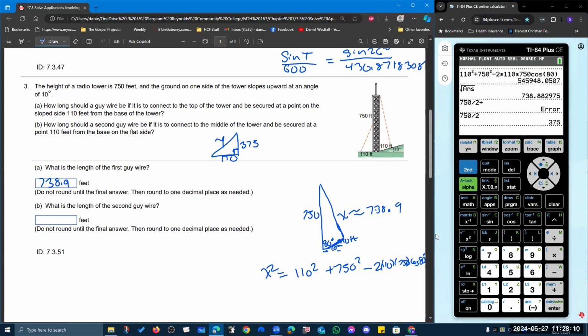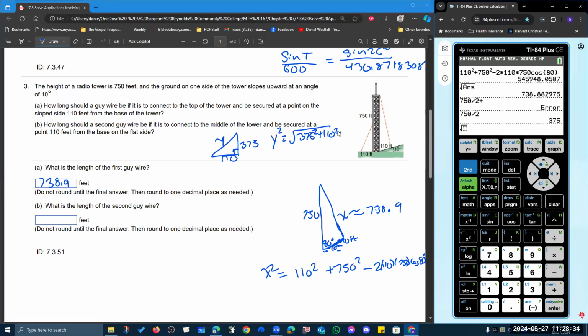It's not sloped. So we can say here that y equals the square root of 375 squared plus 110 squared. And I get 390.8.